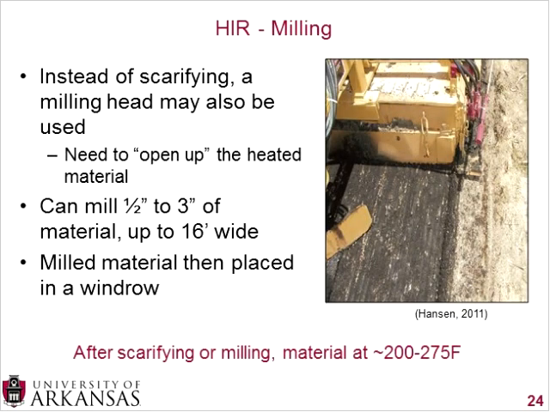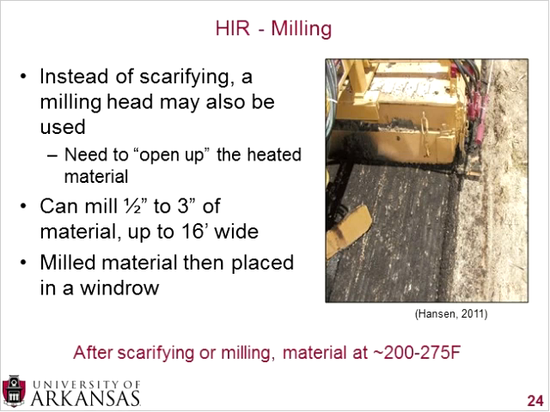An alternate to scarifying is to actually mill that surface up. The nice thing about milling that surface up is that you can really get some extra mixing in of either the asphalt emulsion, the rejuvenating agent, any virgin aggregate that you may have in there, or asphalt cement. You can get better mixing if you mill it up and then put it through a pug mill in the HIR train.